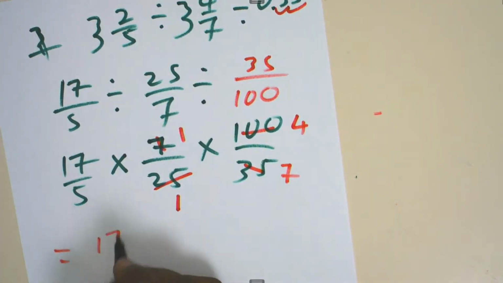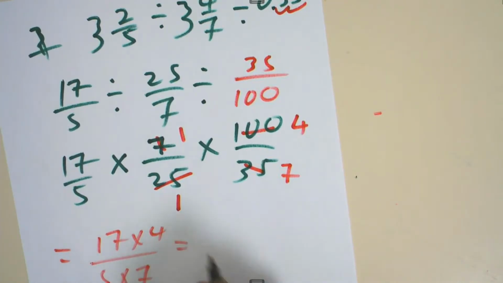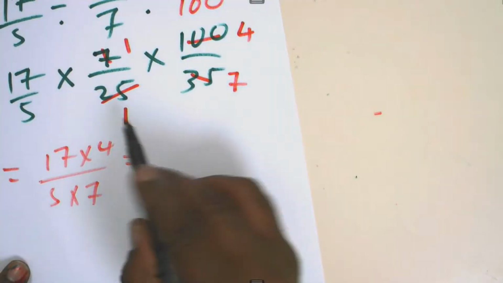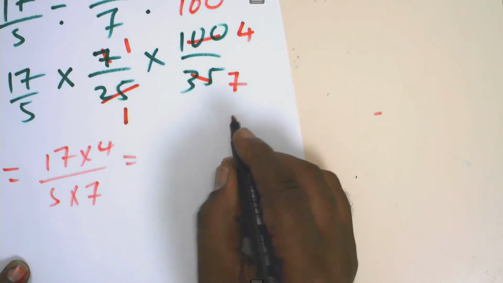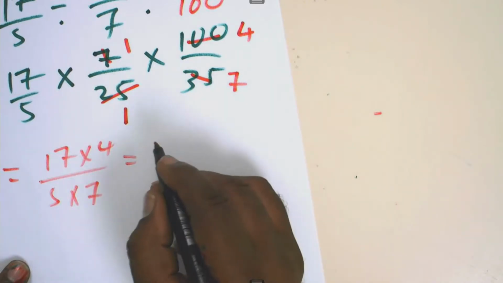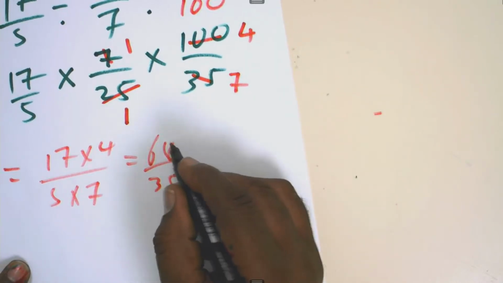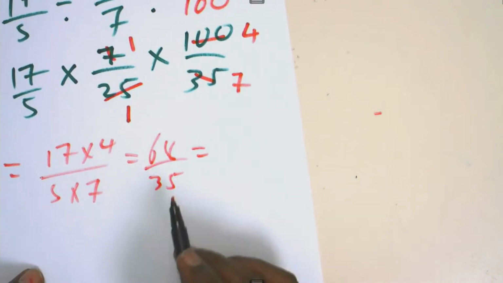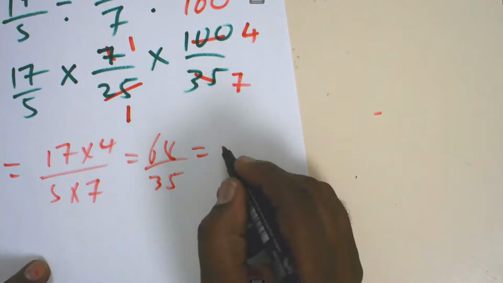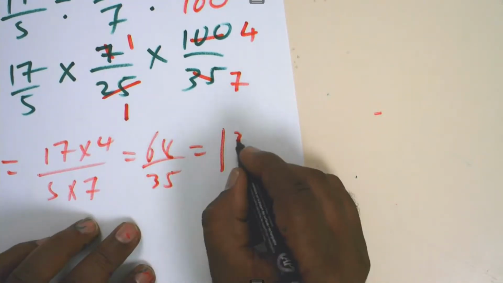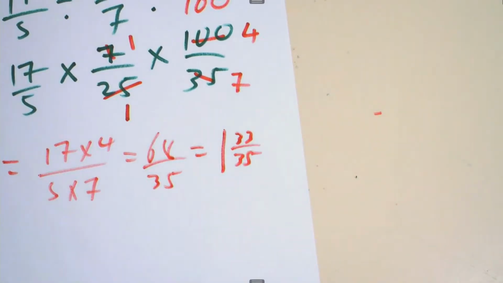Therefore, we'll be having 17 by 4 over 5 by 1, which will be 68 over 35. How many 35s there? 1. And then what is the remainder? 33 over 35.